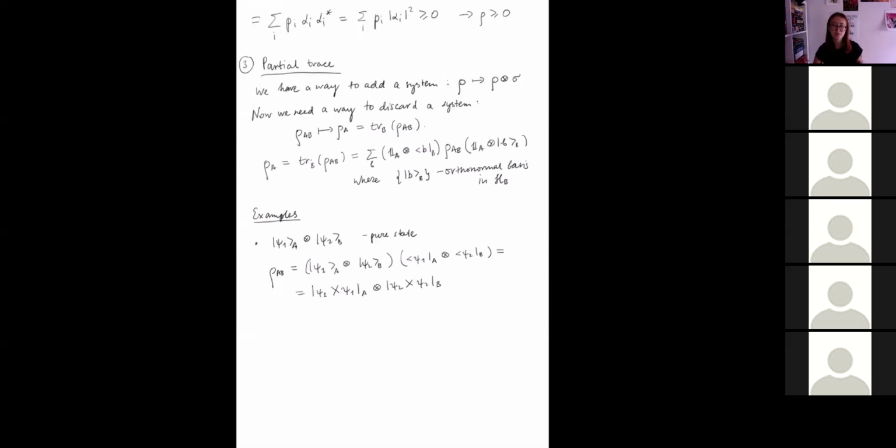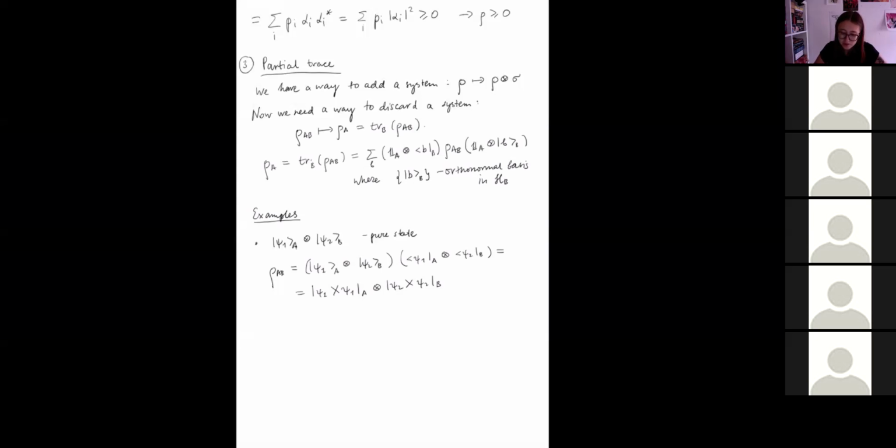So now let us see what is the density matrix of the system A, if we take the partial trace of the density matrix rho AB to get the matrix rho A, like in the definition above.